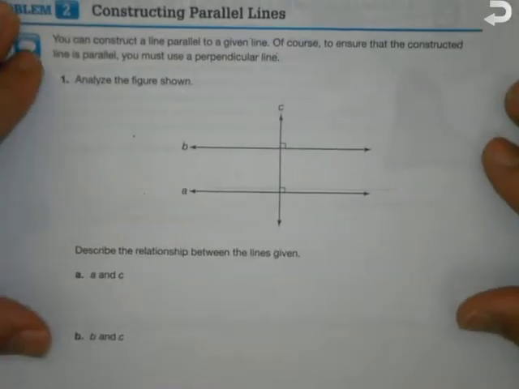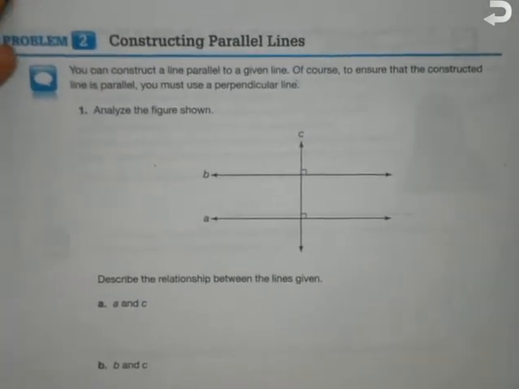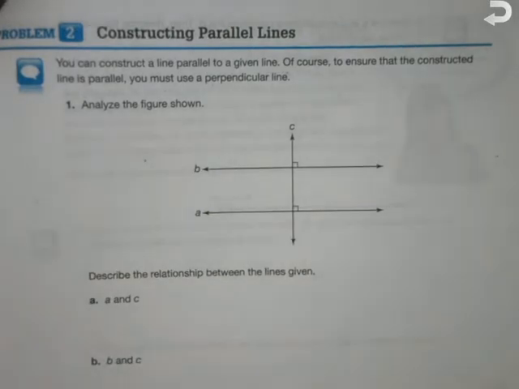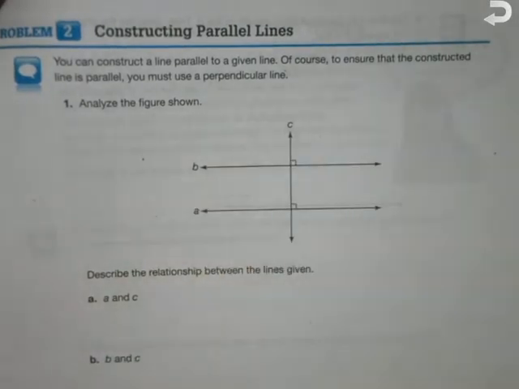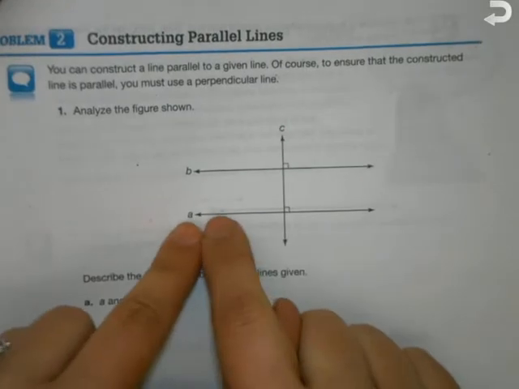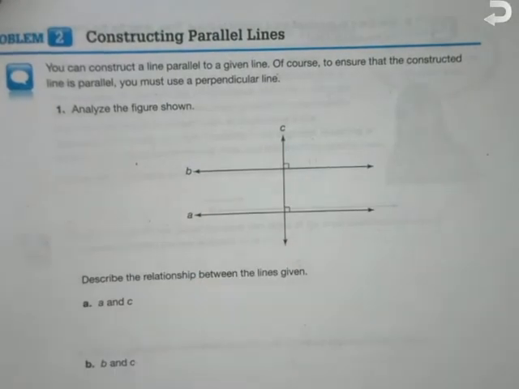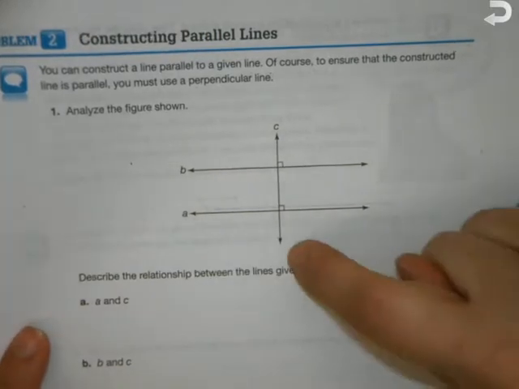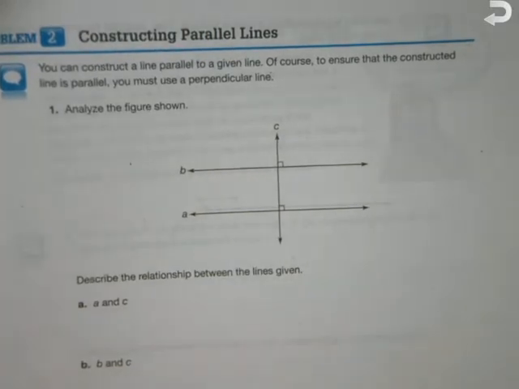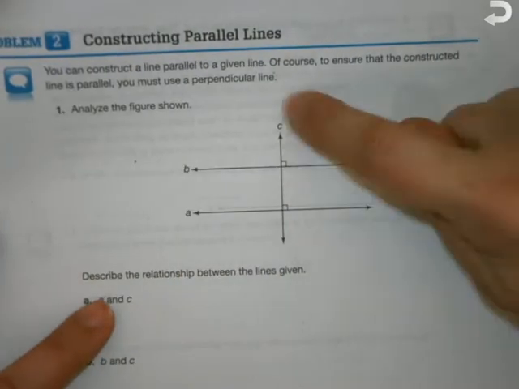Okay, so turn the page to problem 2. We did perpendicular, so now let's look at parallel. And let's just talk about this figure right now. If we are looking at line A and line C, what's the relationship between those? Line A and line C. They're perpendicular. What about line B and line C?